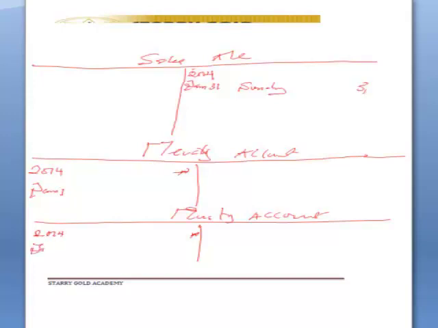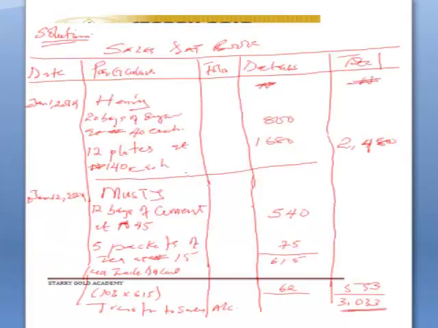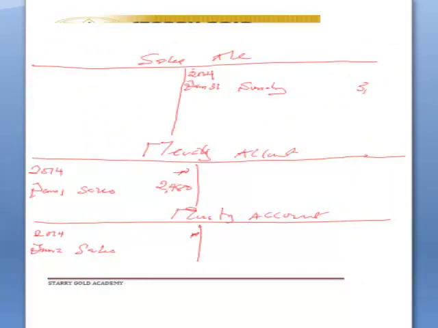Sales: the value for Henry is 2480, and the value for Musti is 553. So this is how it will go. And remember the total here is 3,033. So that is the sales day book.